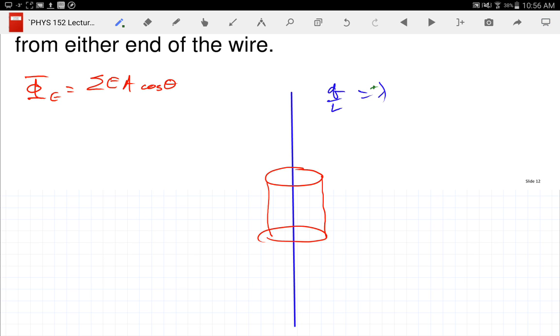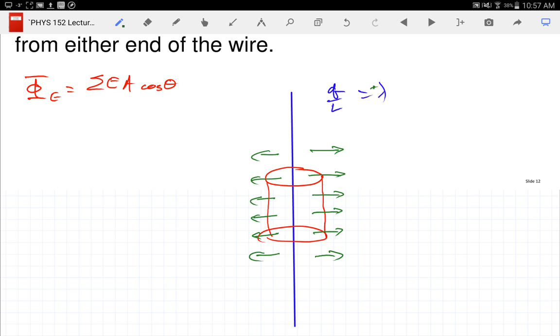They should go out. Based on our symmetry, the electric field lines should be going like this. And the strength should only vary as you get closer or farther to the wire. So if we stay a constant radius from the wire, the electric field strength should be constant.